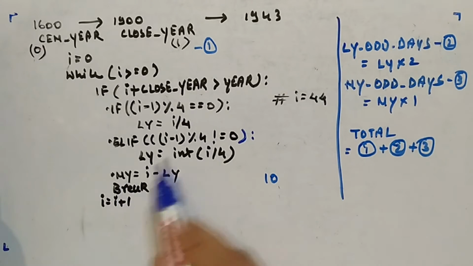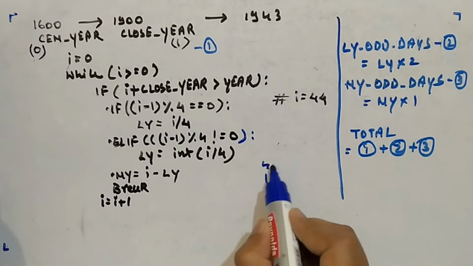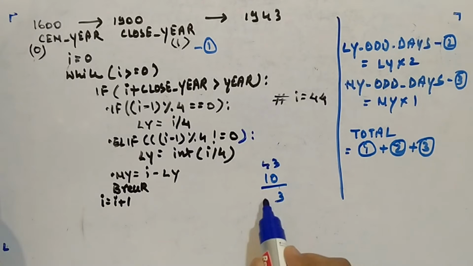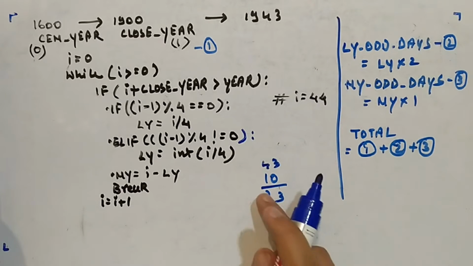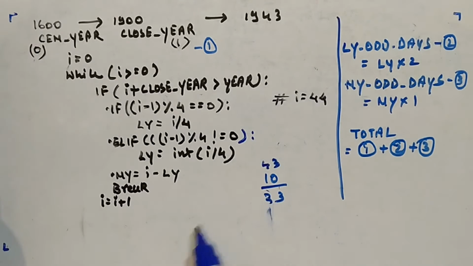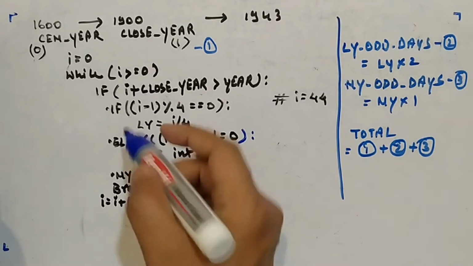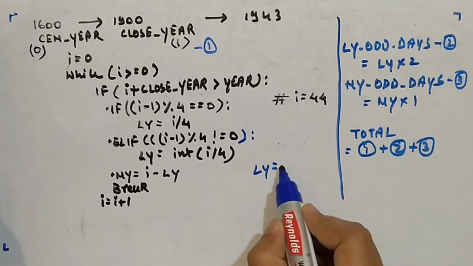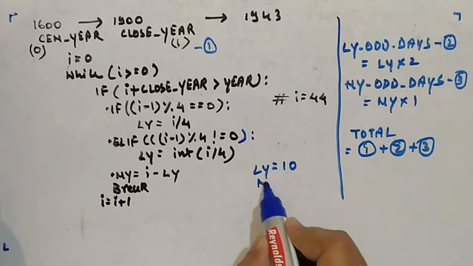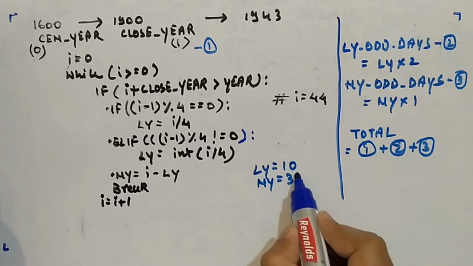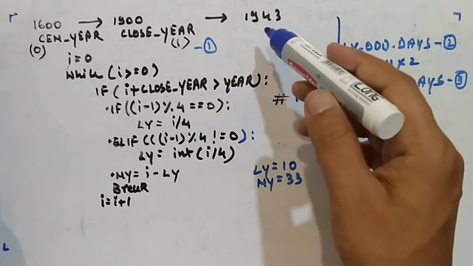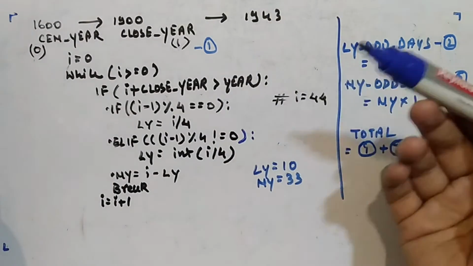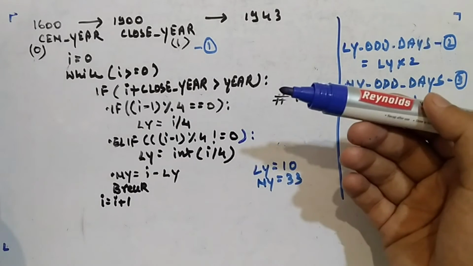Now the normal years out of 43 will be 43 minus 10, which is 33. So after completing this whole line, you will have leap year equal to 10 and normal years equal to 33. Out of 43, how many are leap years and how many are normal years, that's what I am checking.